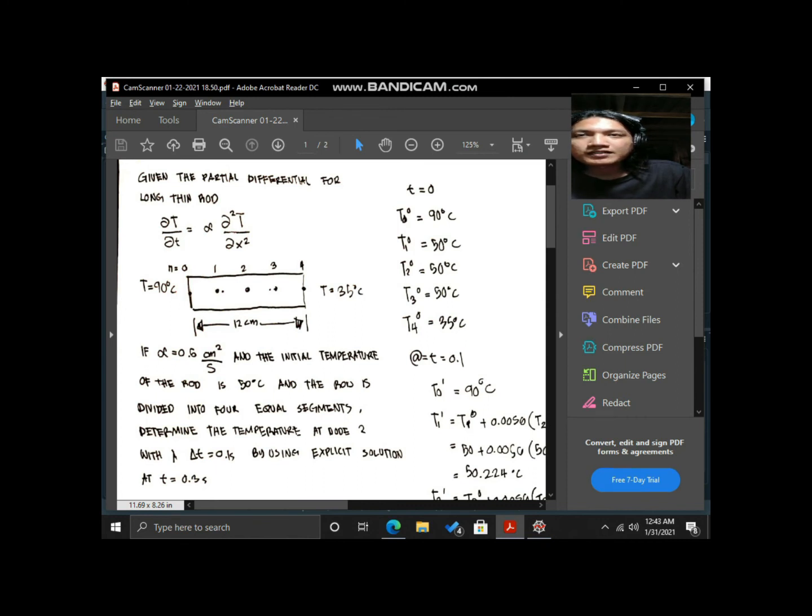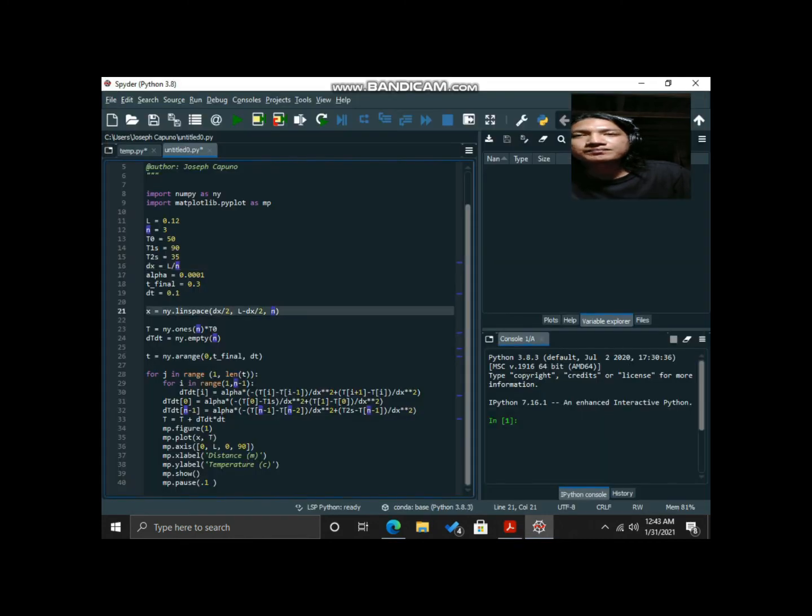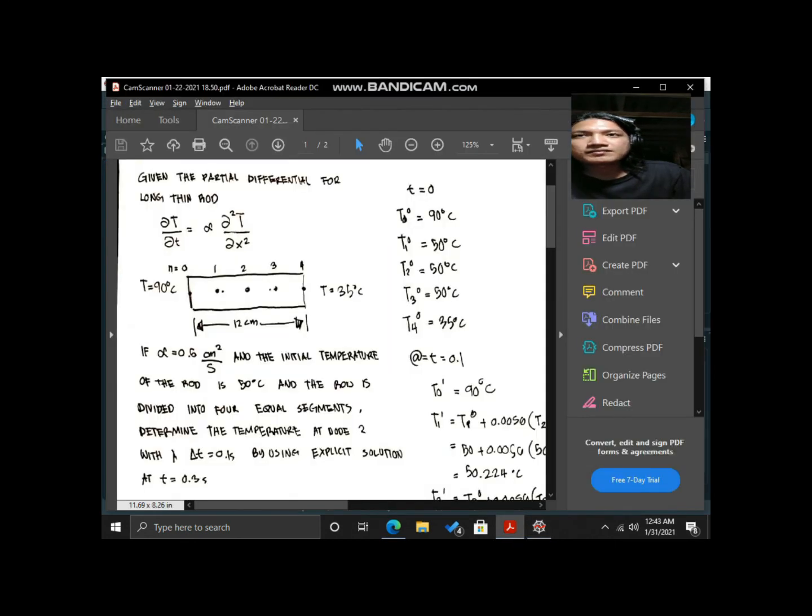Pero ang kukunin lang natin is itong nasa gitna, kasi yun yung hanapan natin ng temperature. So 0 papunta dito, ibig sabihin kalahati lang siya. So ang labas niyan is dx over 2. Tapos dito naman sa right side, dx over 2 rin to, diba dapat? Kasi difference dito siya, tapos dito lang kunin.